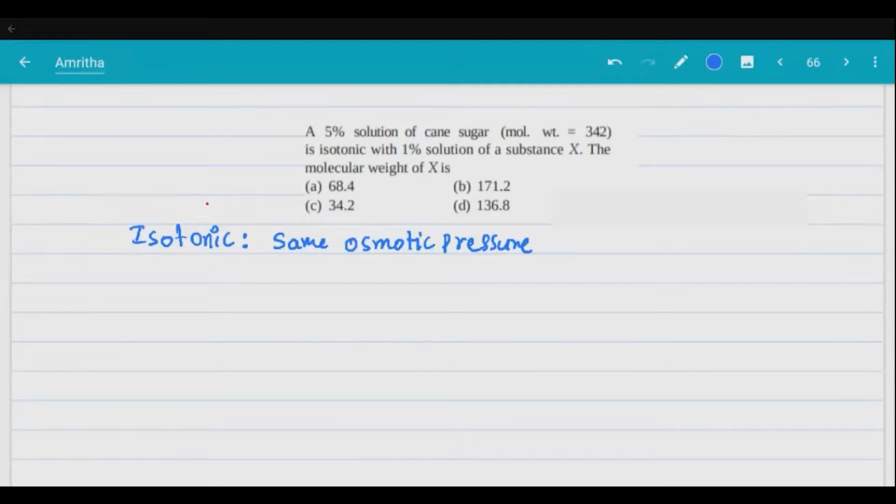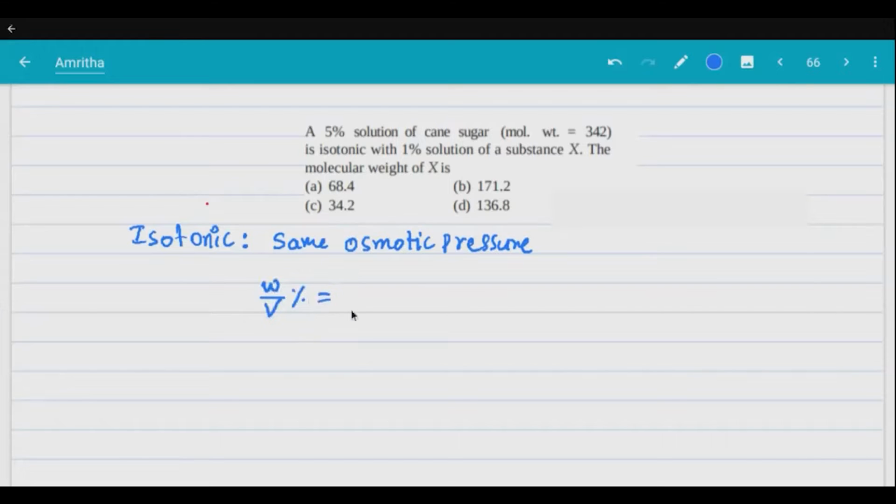So here what is given: a 5% solution of cane sugar is isotonic with a 1% solution of X. What is the molecular weight? Whenever percentage is given, you must take this as weight by volume percentage.